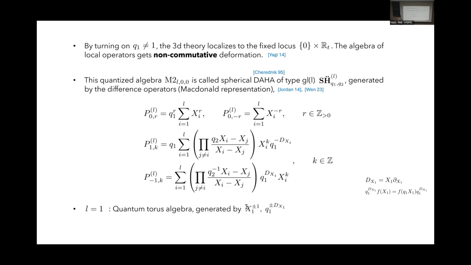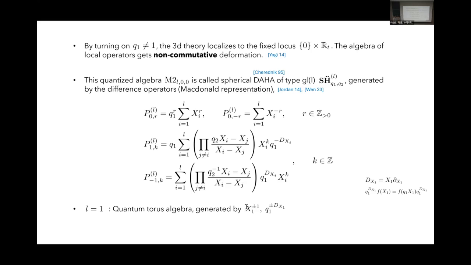But let me just give you this as a definition. Just take this set of difference operators written as P_{m,n}. There are some formal variables x_i, some rational functions, and some difference operator q_1^{x∂_x}, which is exactly the thing that shifts x by q. These are some generators, and by these you generate some algebra.